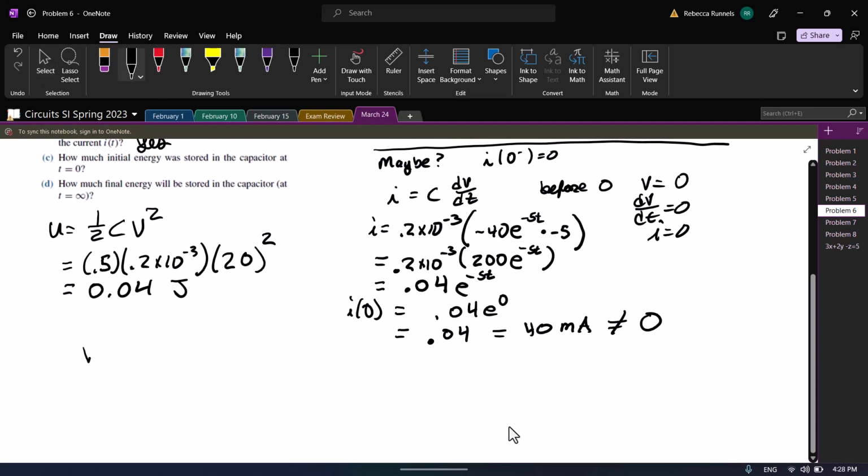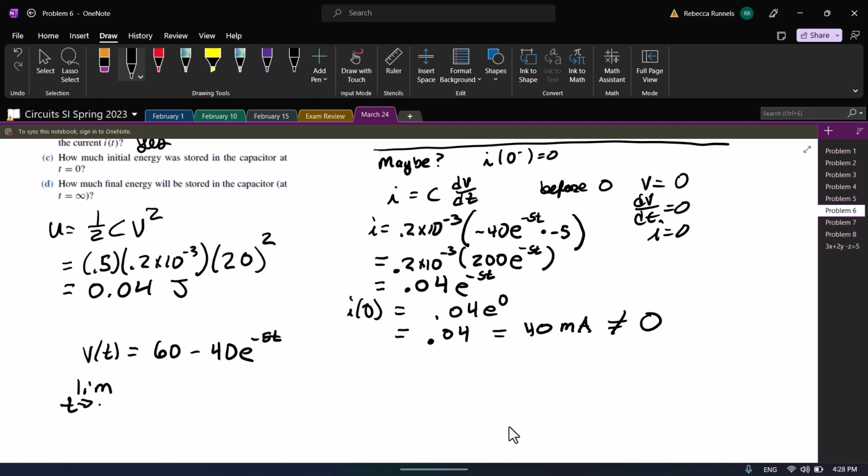Well, we have a function for the voltage of our capacitor, so it's being driven by something. It's not necessarily going to discharge all the way. So I need to take a look at e to the minus 5t, and figure out what my voltage is as t goes to infinity.